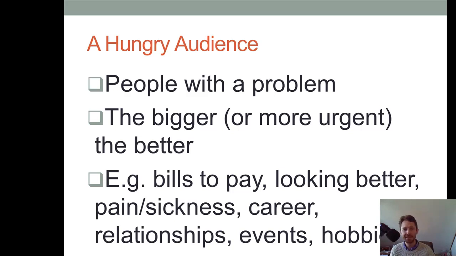Same thing with pain, sickness. If someone's in pain, if they've got a bad tooth, yeah, they should go to a dentist. But if they've got some other pain and they just want some quick relief, like back pain or neck pain, if you can offer them a way that they can relieve that pain quickly, then they'll be keen to get that solution.